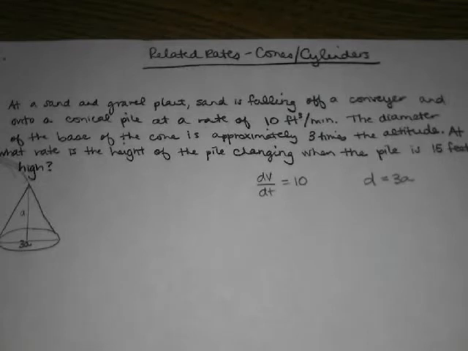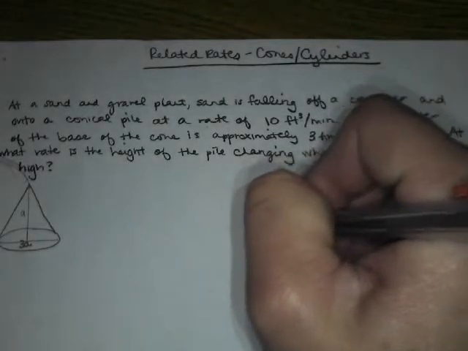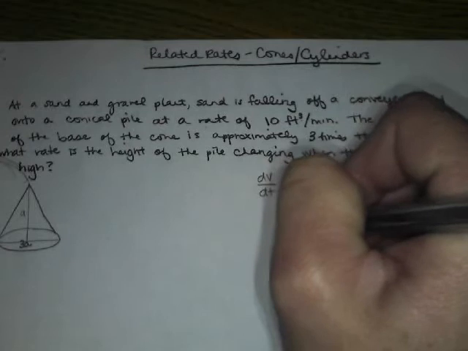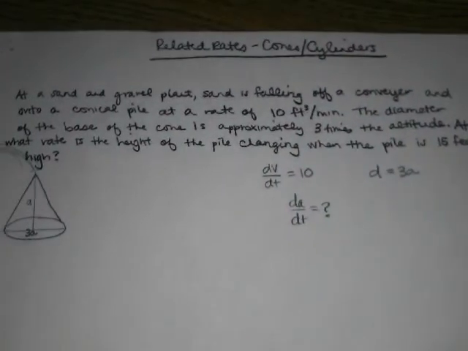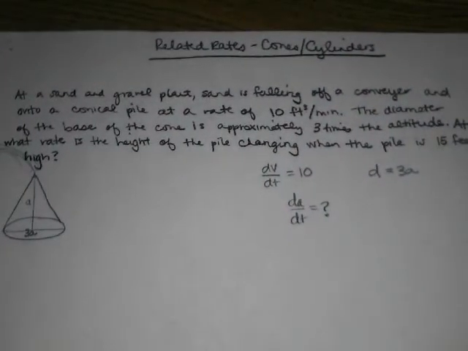At what rate is the height of the pile changing? Now, we already called the height of our pile A, so we'll just use it: at what rate is the altitude of the pile changing. So what are they looking for? dA/dt. When the pile is 15 feet high.